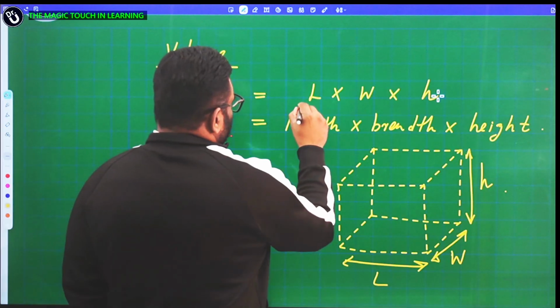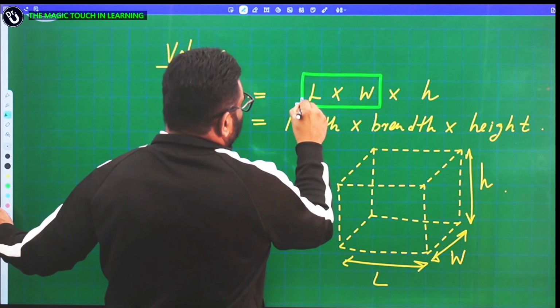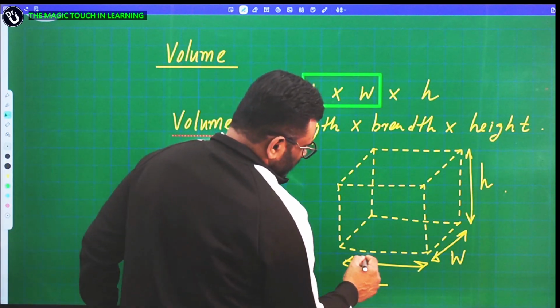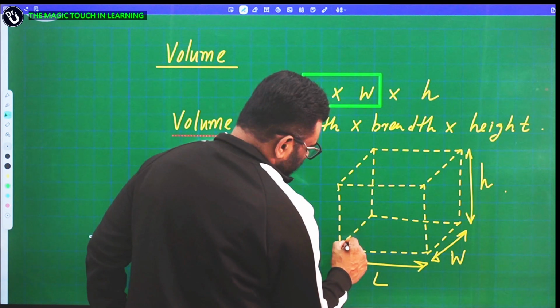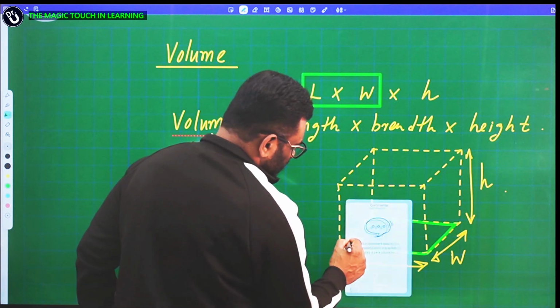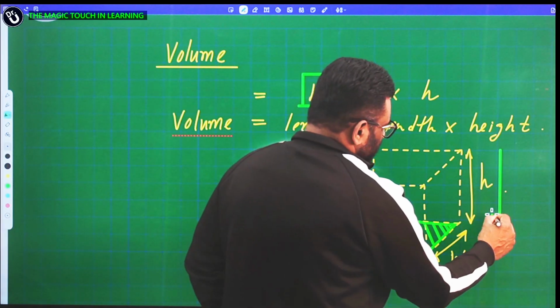If you pay attention to this term, L times W, that is nothing but this area, multiplied with the height.